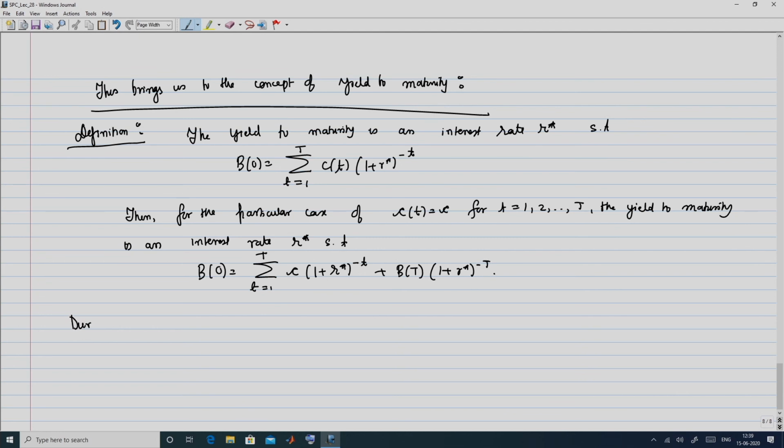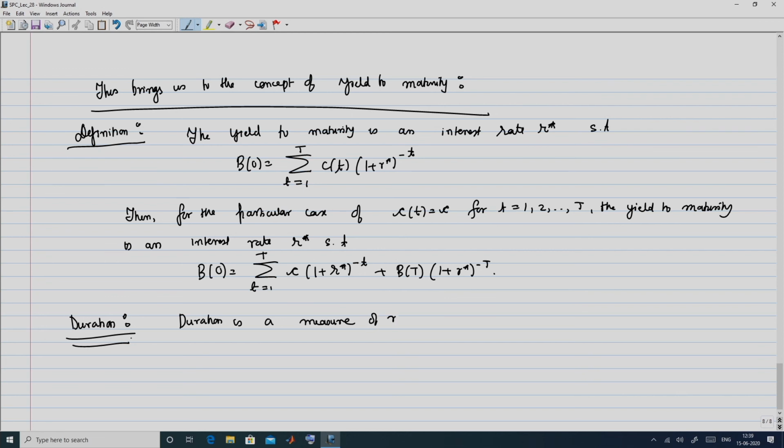So, we next come to the concept of what is known as duration, and this is the point where we start talking about bond portfolio management concepts. So, duration is a measure of risk, just like we had in case of stock.